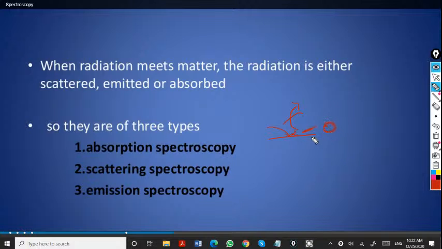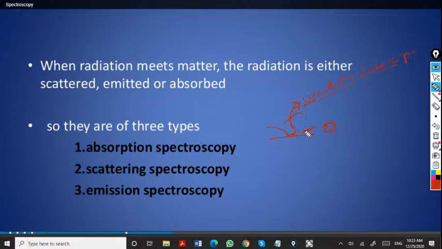These are the three processes that we are seeing in the types of radiation wavelength. So when it is electronic absorption, it happens in UV radiation. That's why UV spectroscopy is considered to be electronic spectroscopy. I am just repeating the earlier class.